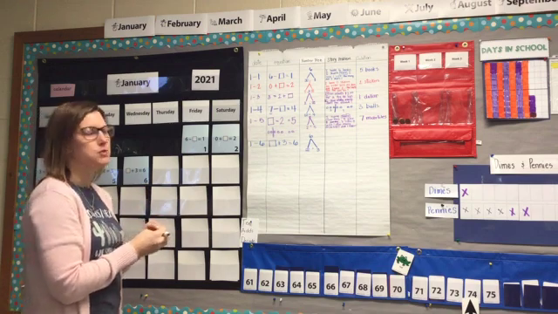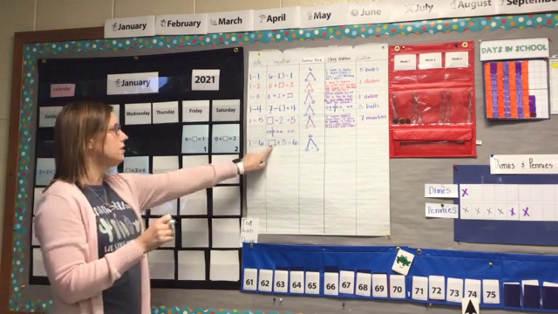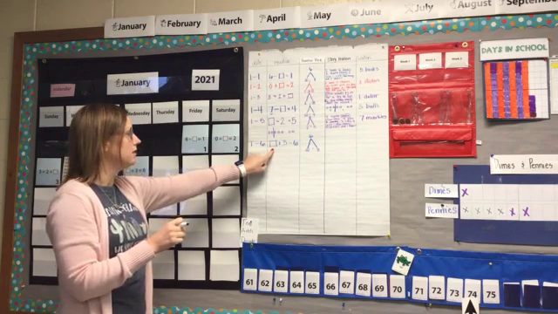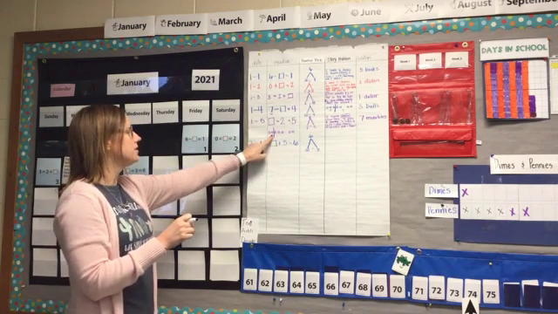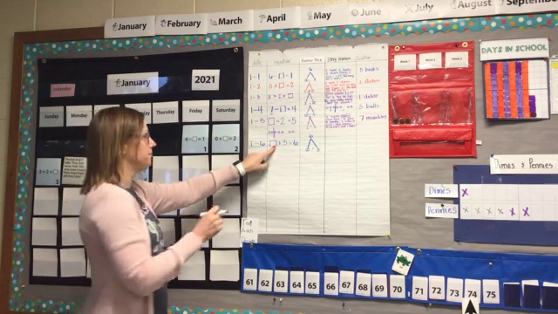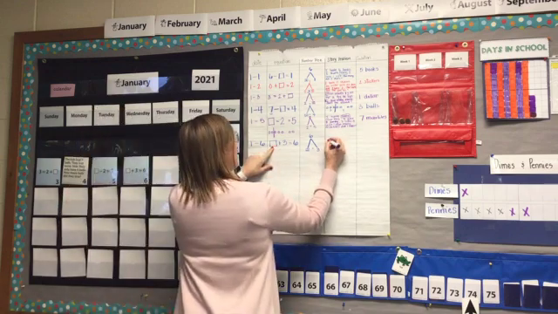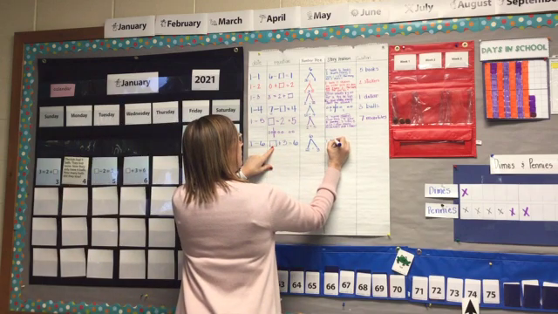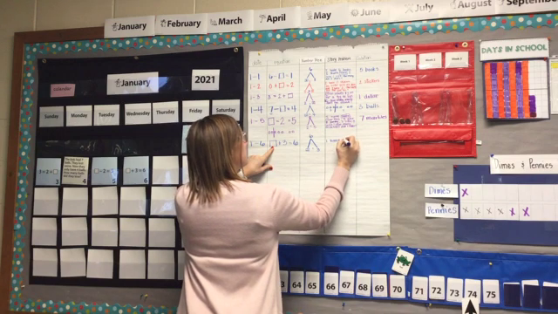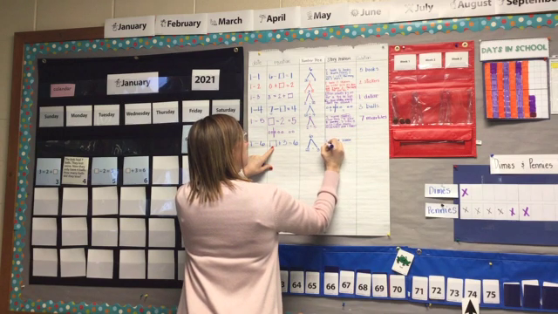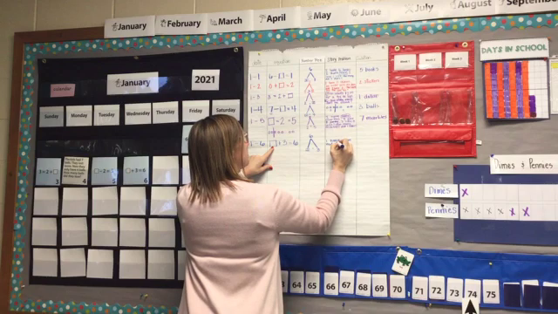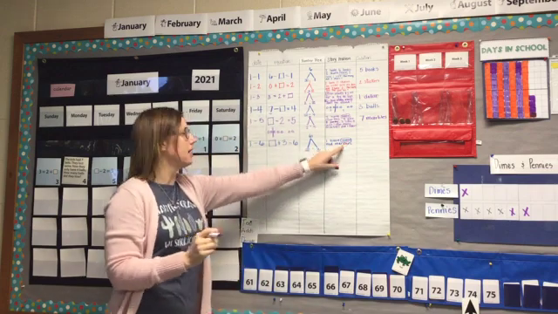So if we want to write a story problem to go with this equation, then we have to start with that missing partner. So I have, and we could say some red markers. I don't know how many I have yet. I have some.